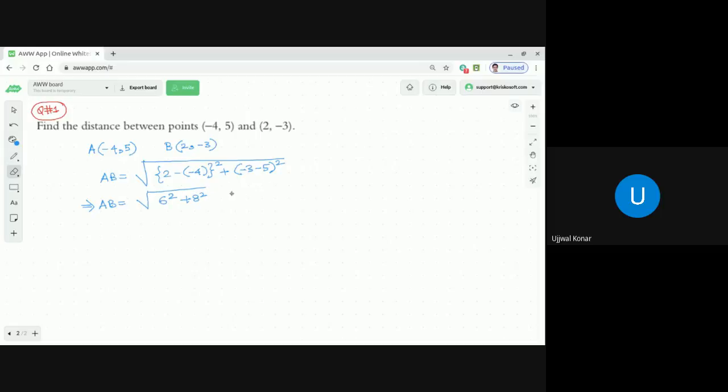So this implies AB is equal to square root of 36 plus 64. This implies AB is equal to square root of 100, and eventually we get AB is equal to 10 units. Correct?